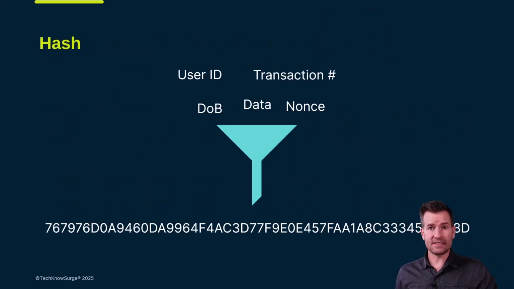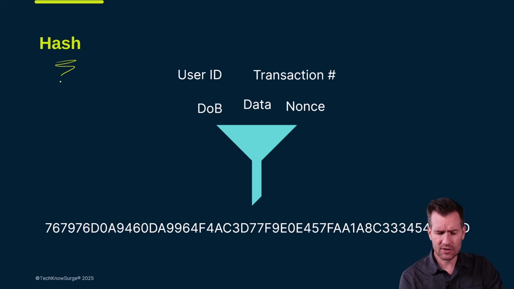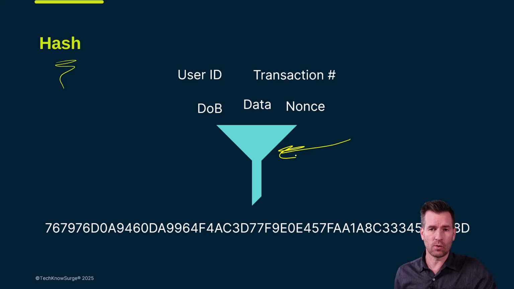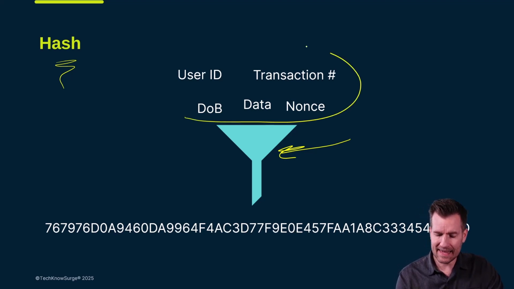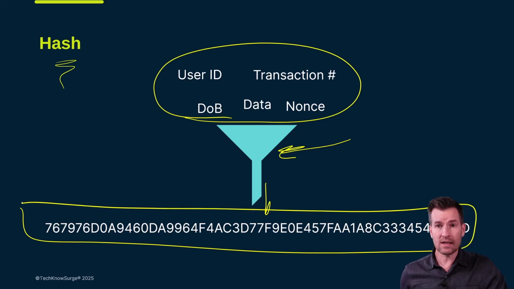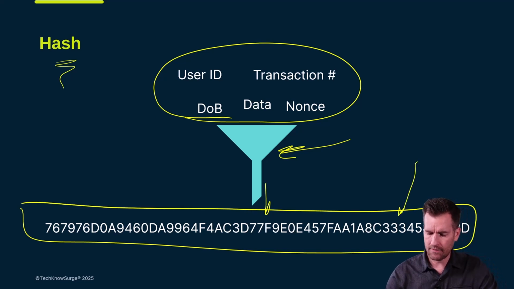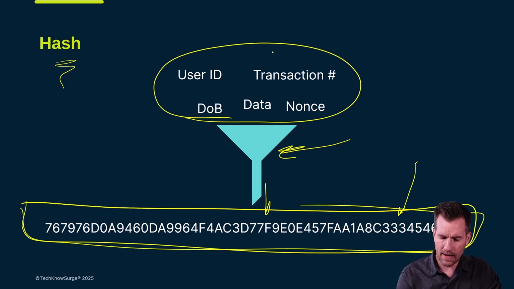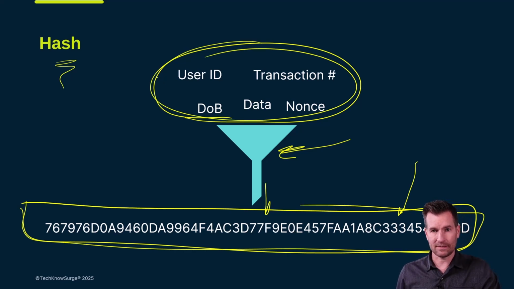In order to understand HOTP, we have to understand what a hash is. Essentially, there's a hashing algorithm, something that's going to take in data and generate a unique fingerprint, in the form of letters and numbers, or in this case, some sort of hexadecimal number, based off of the data that's put into it.